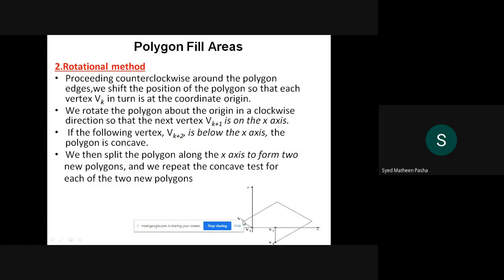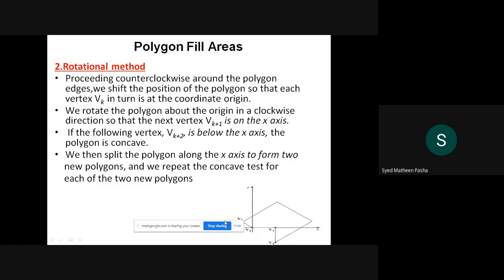Suppose this is an object I take, I'll be splitting each polygon with respect to each origin. I'll split this as n number of vertices which consist of origin. This is one origin, this is another origin. With respect to these origins, I will be splitting the polygon there.